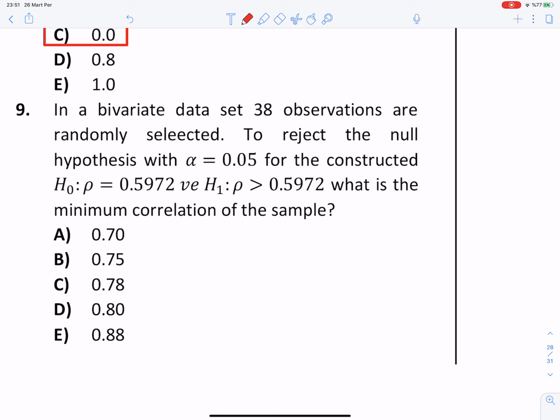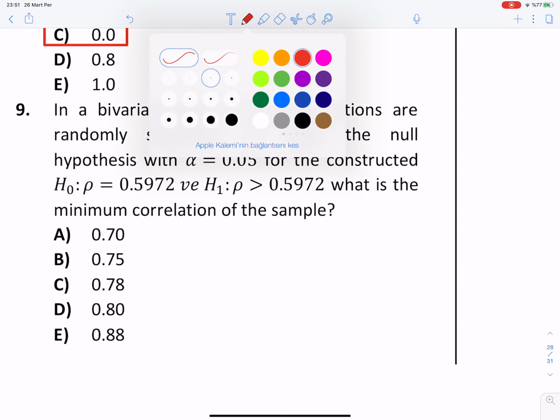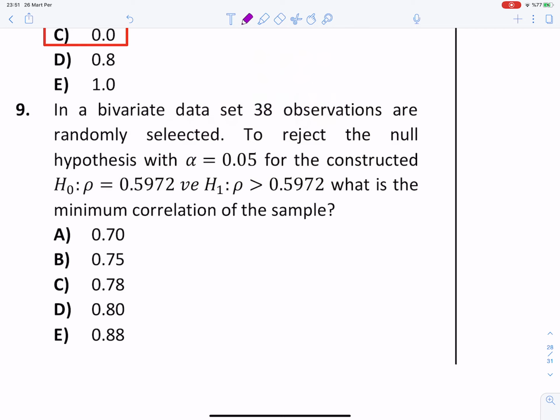For the correlation test, remember from the previous 2 lectures, the critical value is t with n minus 2 degrees of freedom, and the alpha level is 0.05 for this exercise. So we have 38 observations. 38 minus 2 becomes 36.